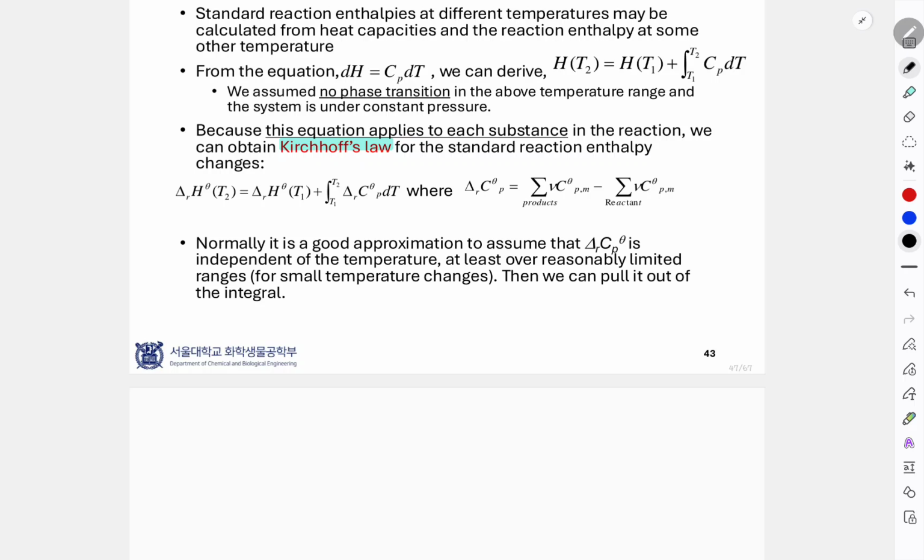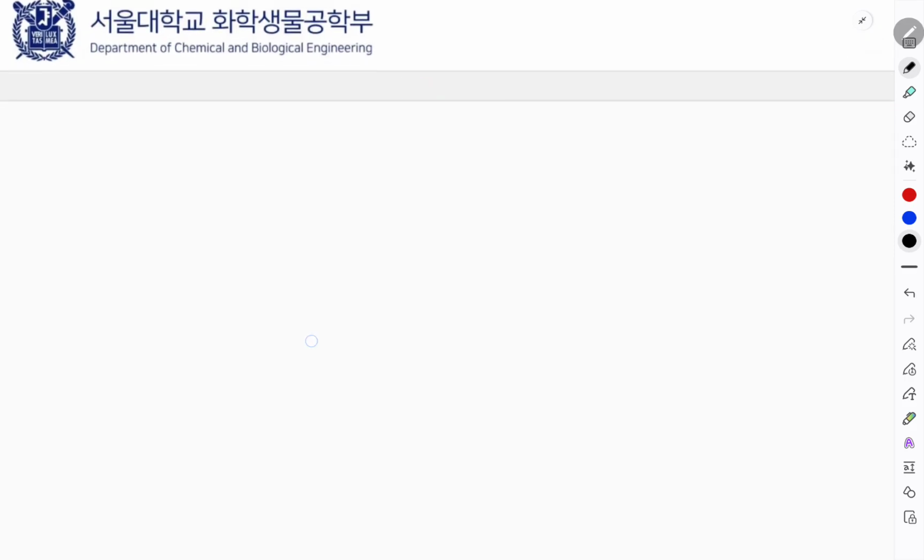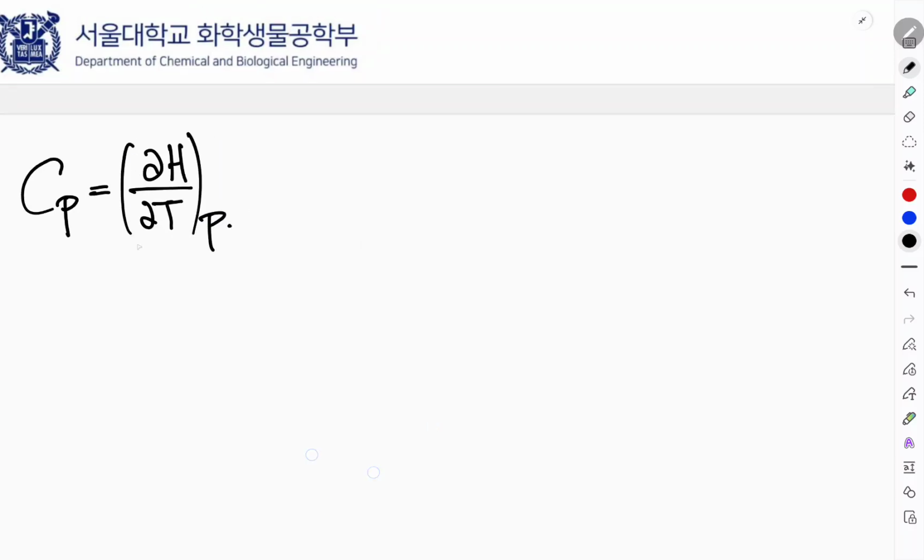Let me remind you the heat capacity at constant pressure was defined by the enthalpy change with the change of the temperature at constant pressure. So for an infinitesimal change, dH becomes Cp dT here.